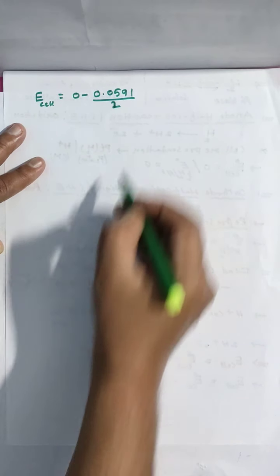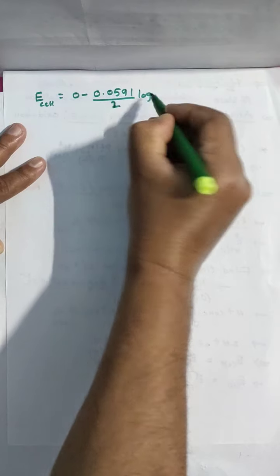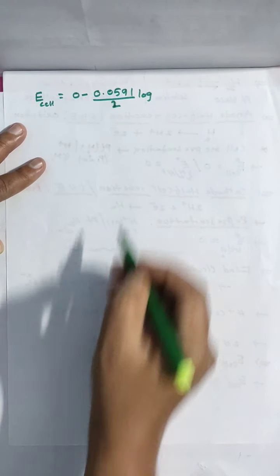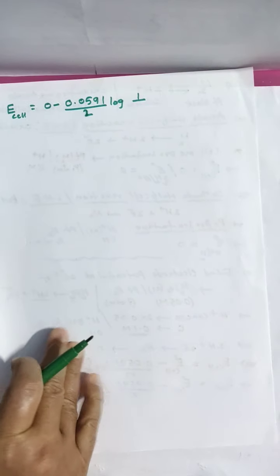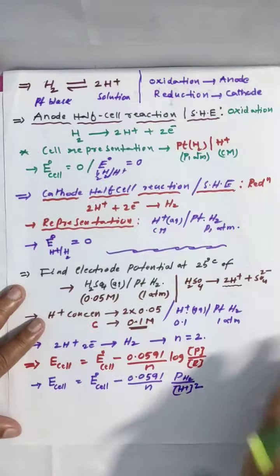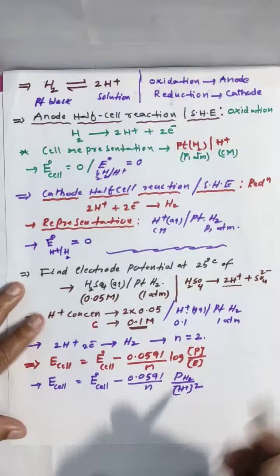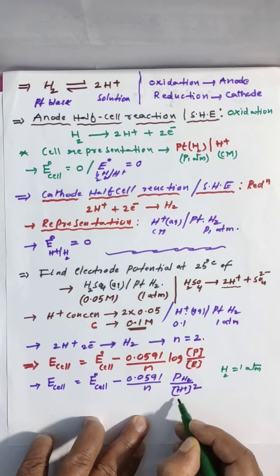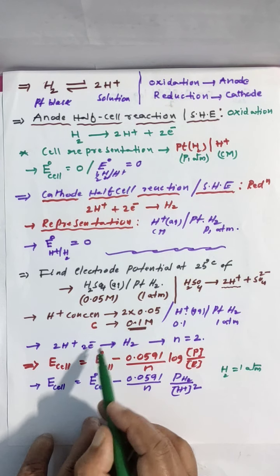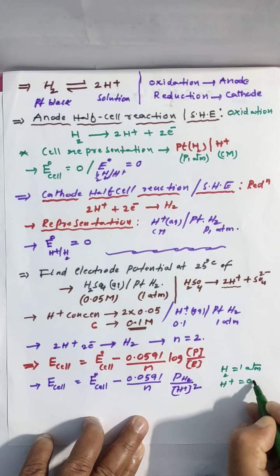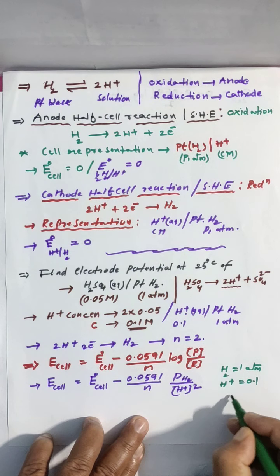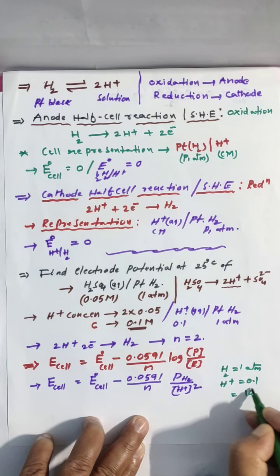Log of hydrogen gas pressure 1 atm upon H plus concentration, which is 0.1. 0.1 we can write as 10 power minus 1.